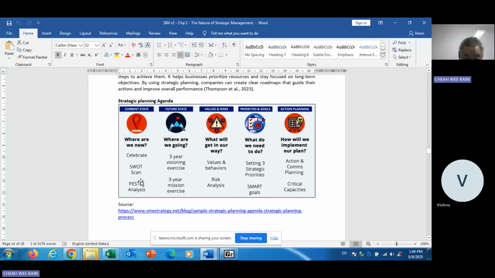So these are the external analysis. Okay, and you can select whichever one you want to use. But SWOT may be better because we get internal and external. SW is internal, OT is external, environment scanning. PESTLE looks like a lot of external, not so much on the internal.